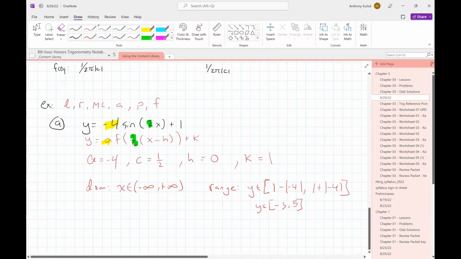Everybody happy there? Okay. What's my midline? Y equals K, and in this case the K is 1, so just y equals 1.